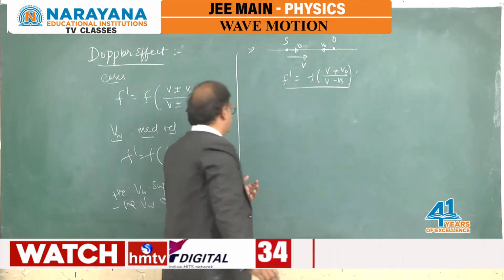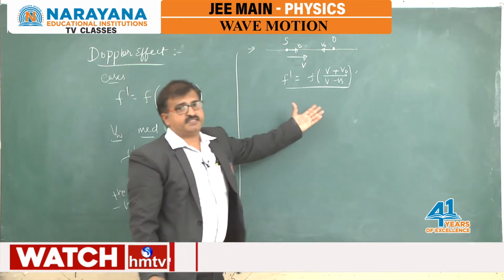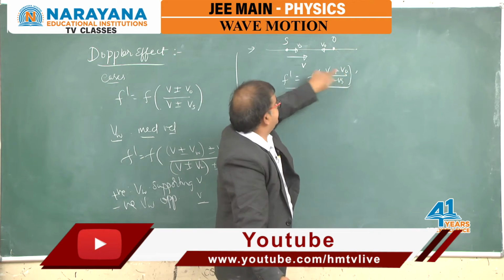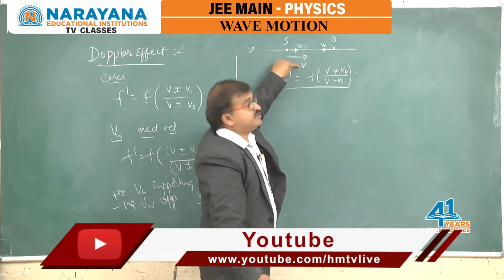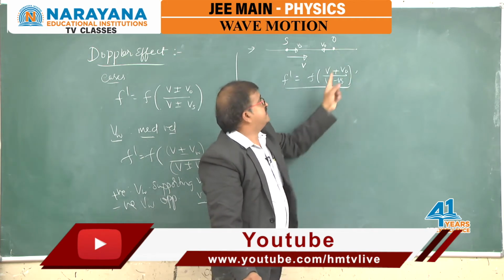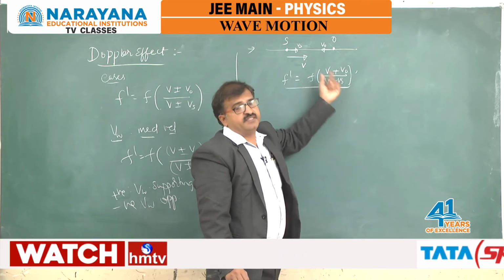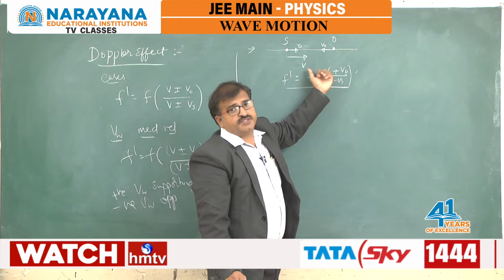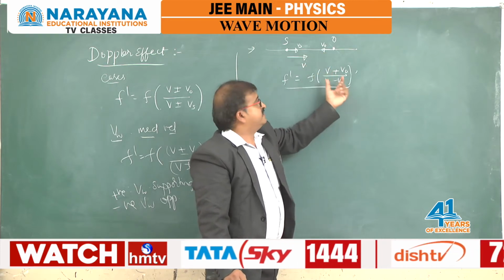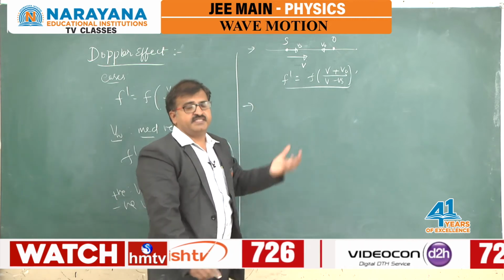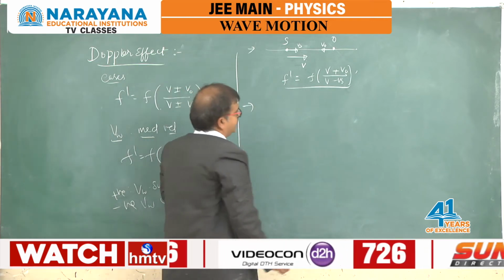So this is how this equation can be modified, by considering that the numerator is the relative velocity between the sound and observer, and the denominator, v minus vs, is the relative velocity between the source and the sound velocity. Like this, we can modify that and consider it as a general equation.